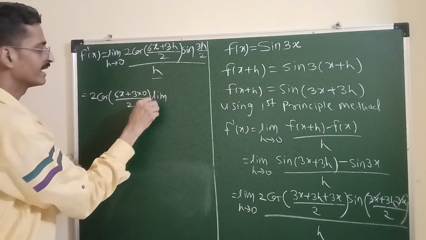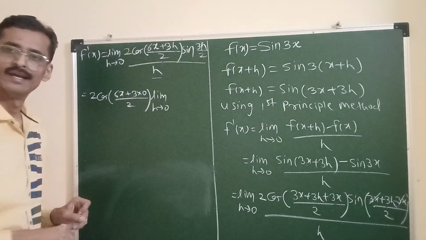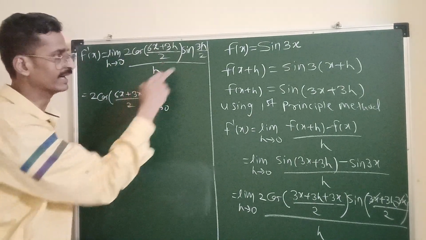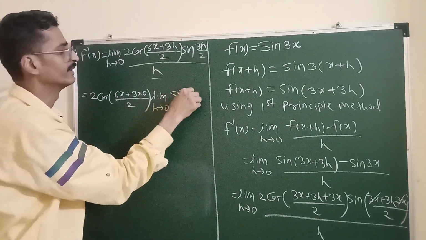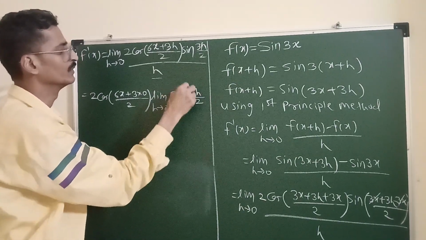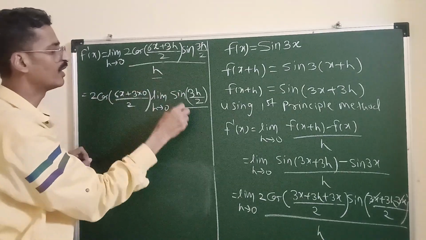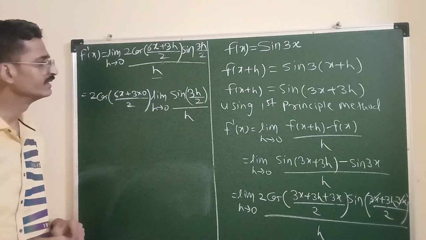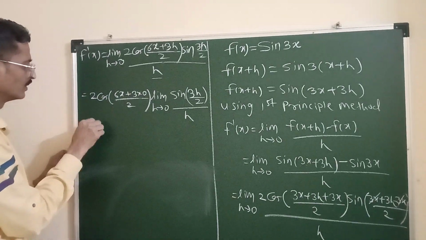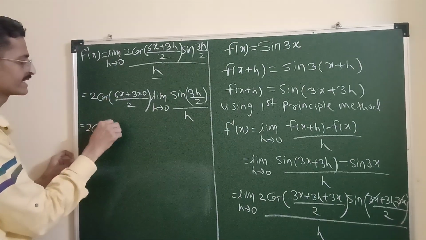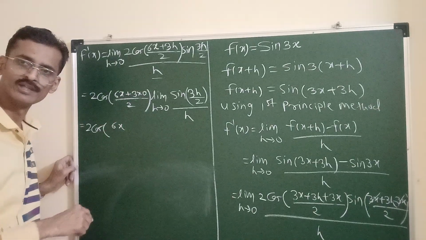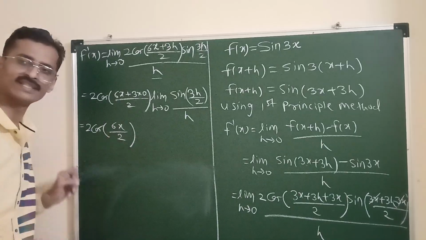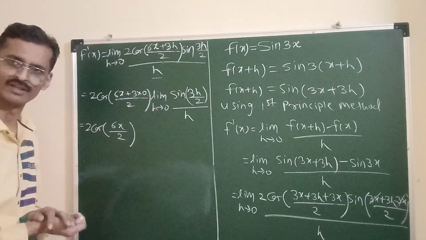Now write the limit separately for the remaining part, sine of 3h upon 2, in bracket, upon h. So this we can solve easily. Now 2 cos of 6x plus 3 into 0 is 0, so 6x upon 2, that is 3x. So this part is over for us.